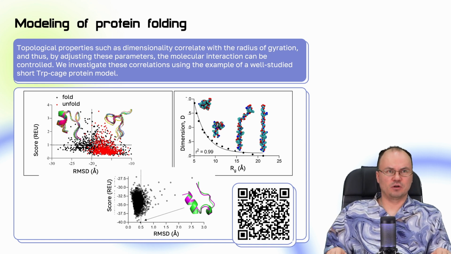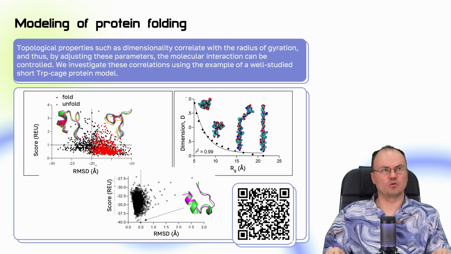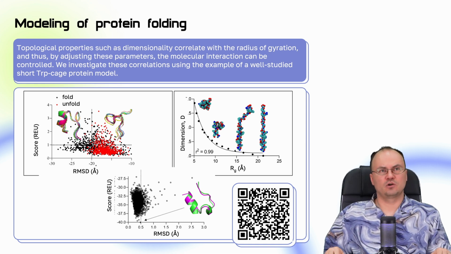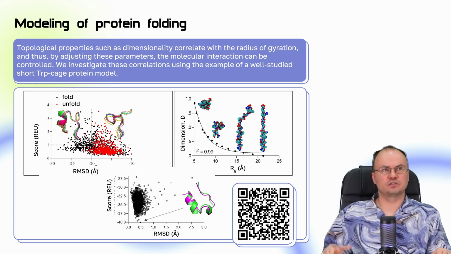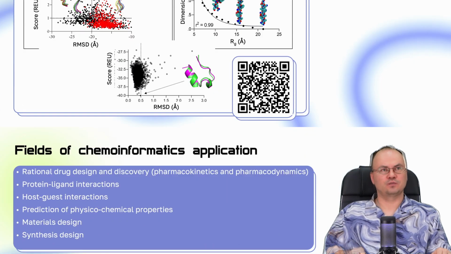For this particular protein, we implemented some novel algorithms where topological properties such as dimensionality correlate with the radius of gyration, and thus by adjusting these parameters, the molecular interaction can be also controlled. We investigated these correlations using the example of the well-studied short trip cage protein model.